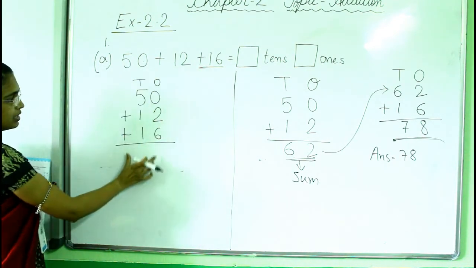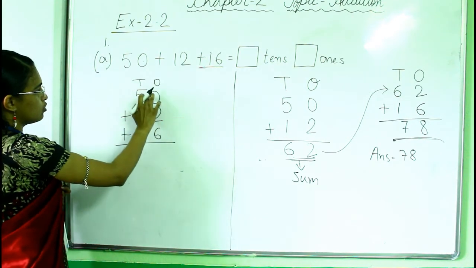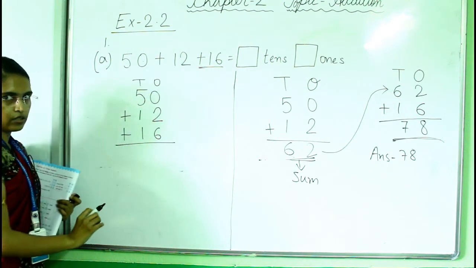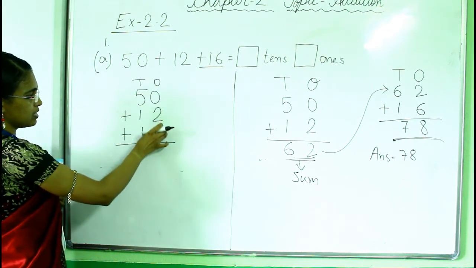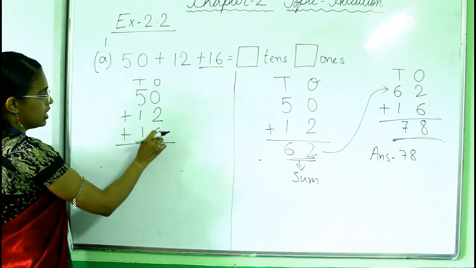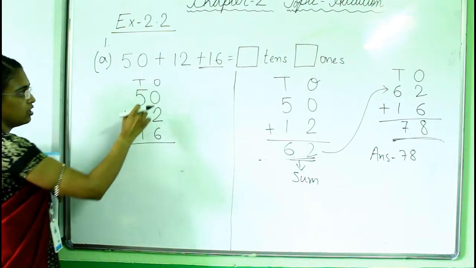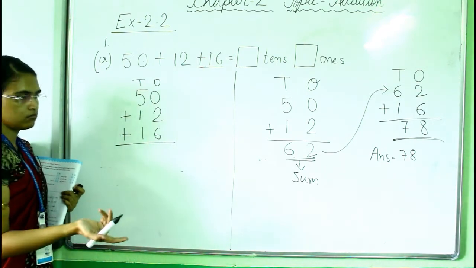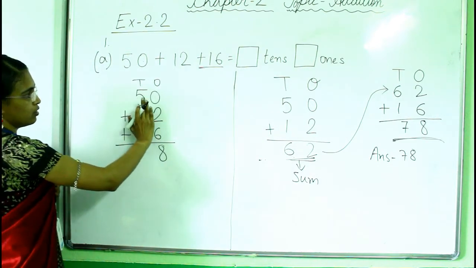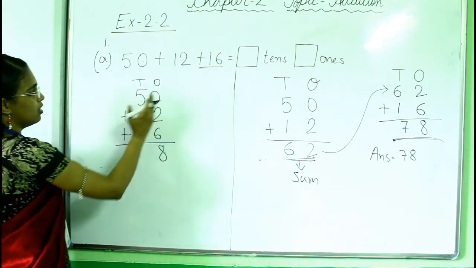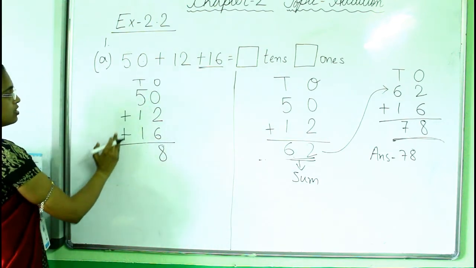First put all the numbers in serial order, then you have to add all the numbers together. Ones place, you have to add the ones place numbers together, just like this. 6 plus 2, 8, and 8 plus 0, 8. After adding the ones place addends, we add the tens place.